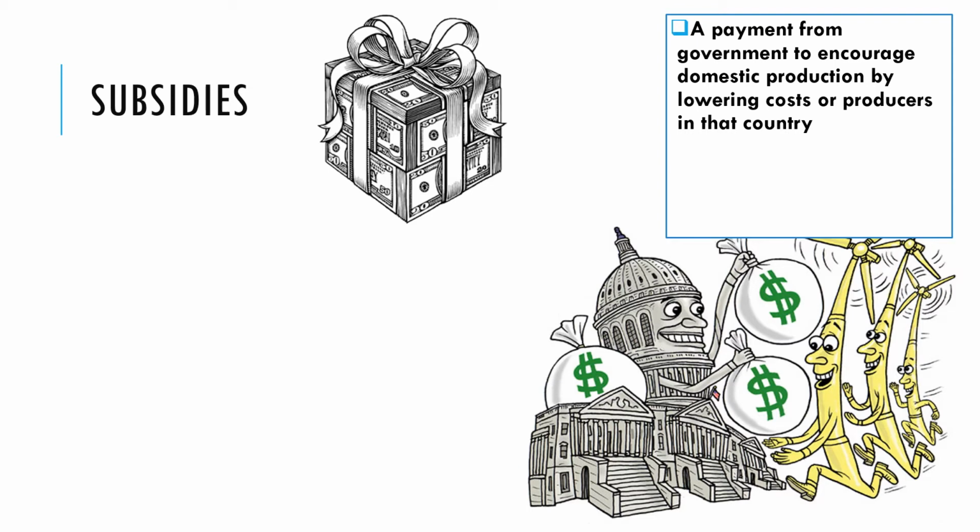So a government might help their own businesses so they can more effectively compete or have a price advantage over foreign imports. An example here would be the Common Agricultural Policy in the EU, where European governments give their farmers subsidies to help lower their costs so the farmers can stay in business and foreign cheaper agricultural products don't drive the domestic farmers out of the market.